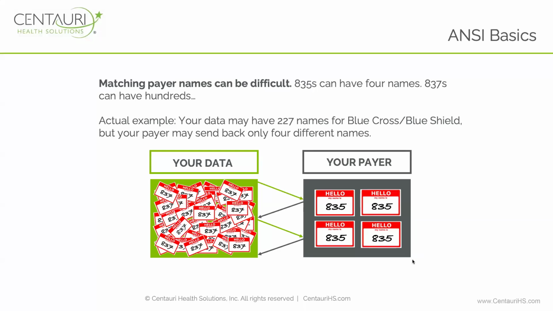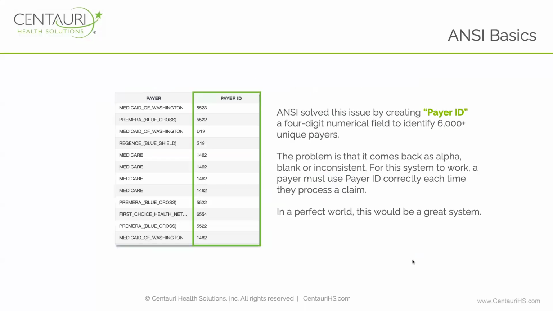I will literally go on with customers and show them 1,000 names over here, 42 names over on this side. So that becomes a challenge. Now, in theory, this was all addressed because there is a payer ID. There's still an index for this. You can go out and Google it and still find the link.